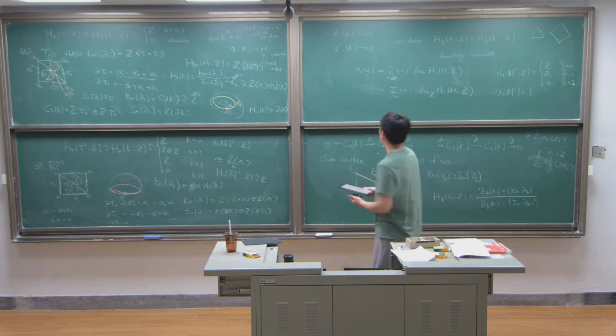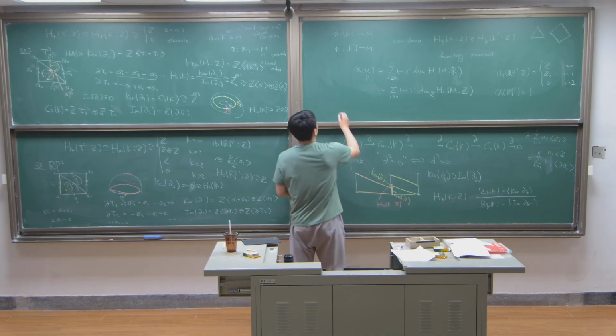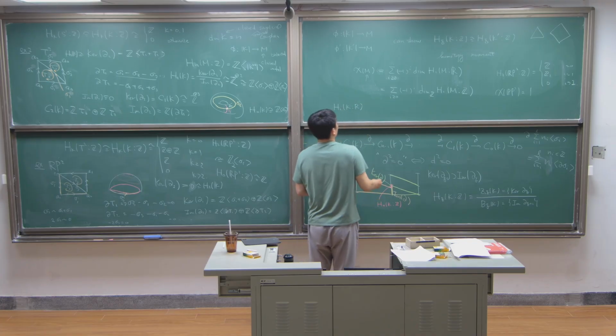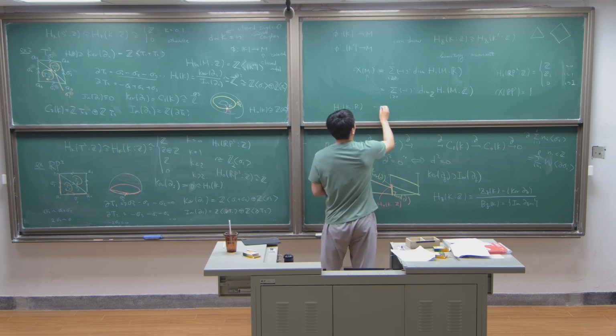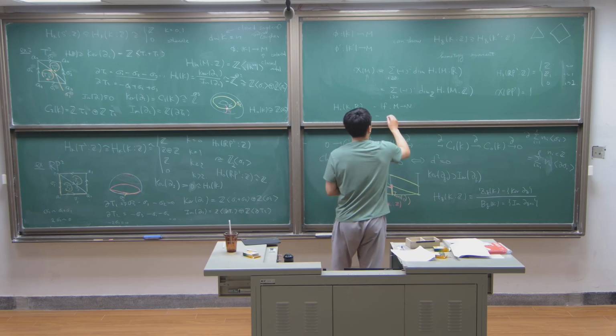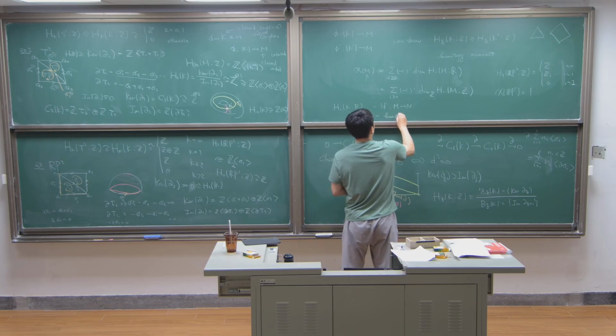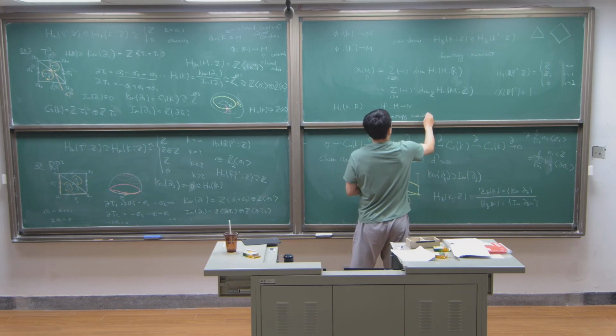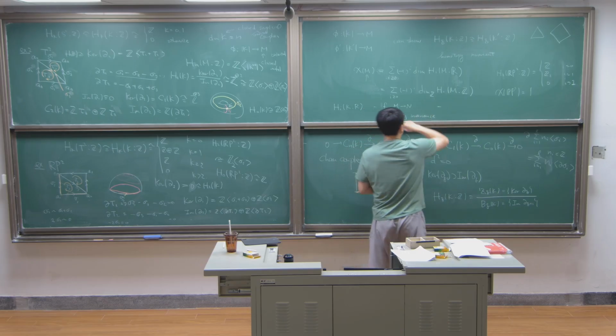So now we define Hi of K with ring R. Then we want to understand how it behaves under the map, what the invariance is, and also the properties.